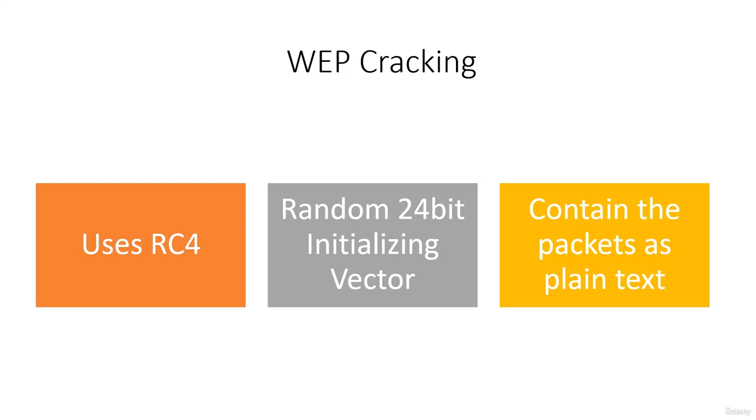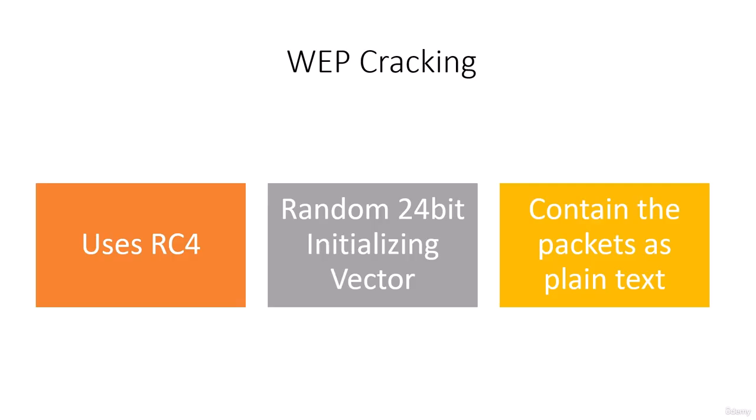The initialization vector, or IV, is a random number. It's sent in the packet in plain text, so this part is not encrypted. If you read a packet, you'll be able to read the IV in plain text. But the problem with this is that the IV is very short.